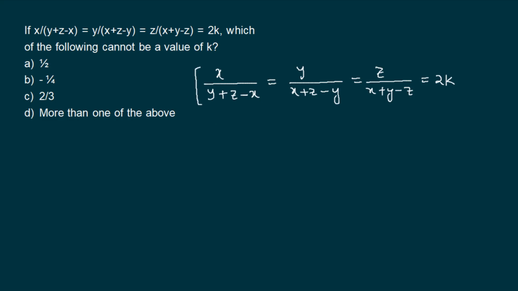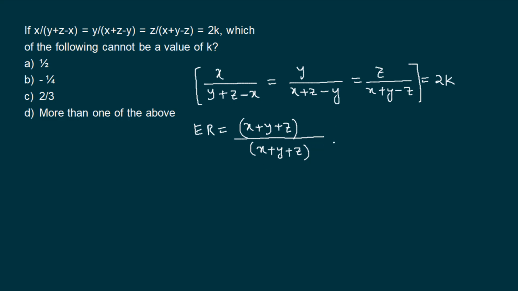Now we know from the equality of ratios, each ratio should be equal to the sum of antecedents, that is x plus y plus z, the numerator, divided by the sum of consequents. If I add these up, y plus z minus x cancel out, y cancels out, z cancels out, we are left with again one set of x plus y plus z. So each ratio is x plus y plus z upon x plus y plus z.